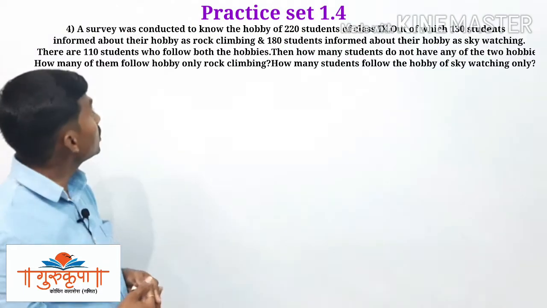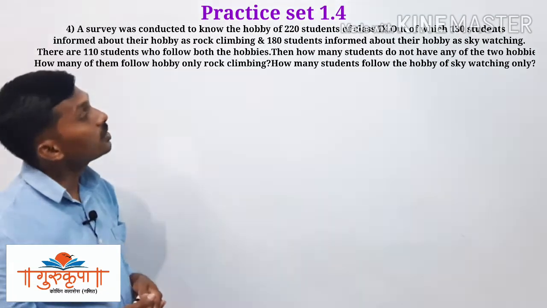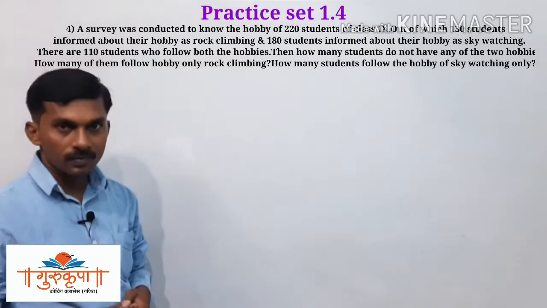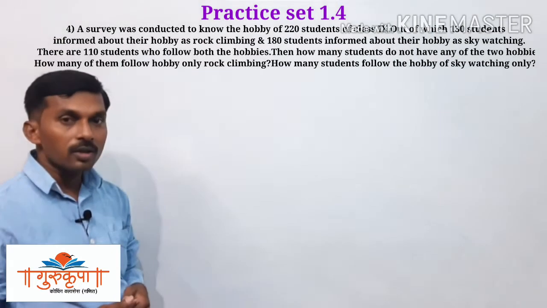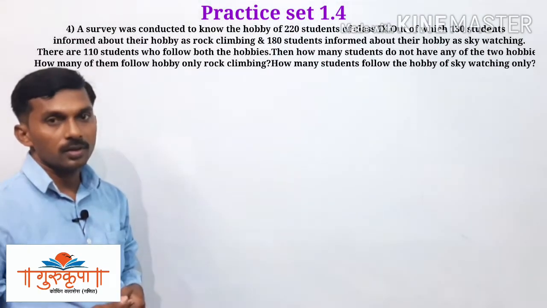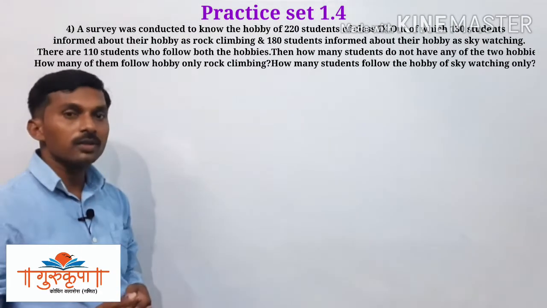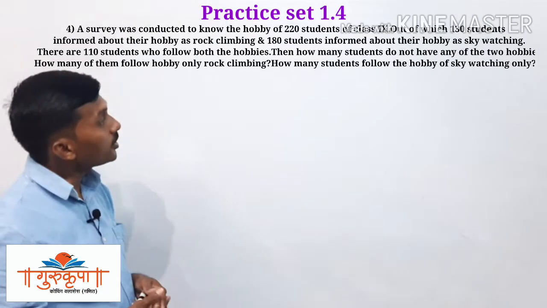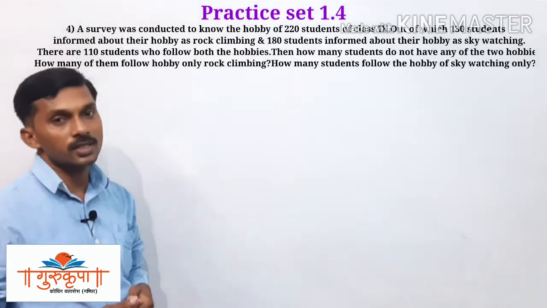The question is, a survey was conducted to know the hobbies of 220 students of the 9th class. 130 students informed that their hobby is rock climbing, and 180 students informed that their hobby was sky watching. 110 students informed that they follow both the hobbies.